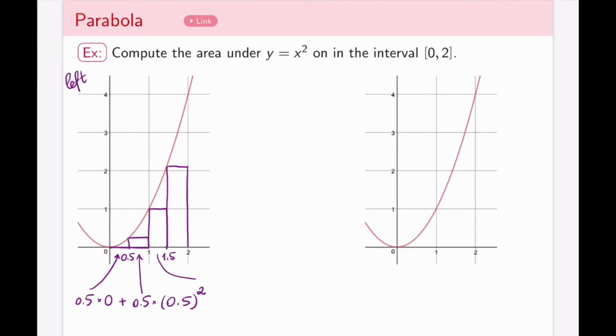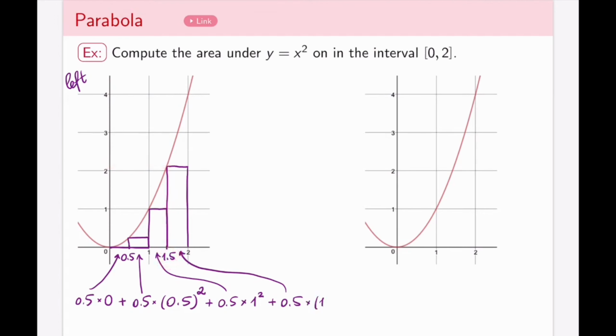So for the next rectangle, what am I going to have? The width of it is still 0.5, but now what about the height? Well, I took 1, I plugged it into my function, and I got the height of this rectangle. So 1 squared. Plus my final one here, the width is still 0.5, but now the height: I have taken 1.5 and plugged it into the function to figure out the height.